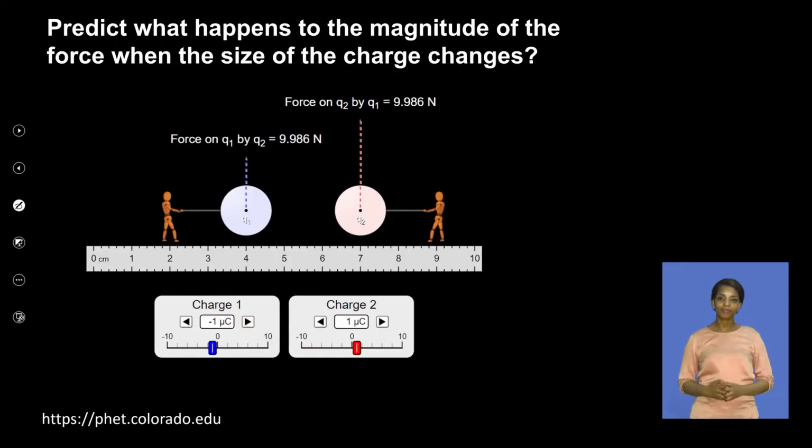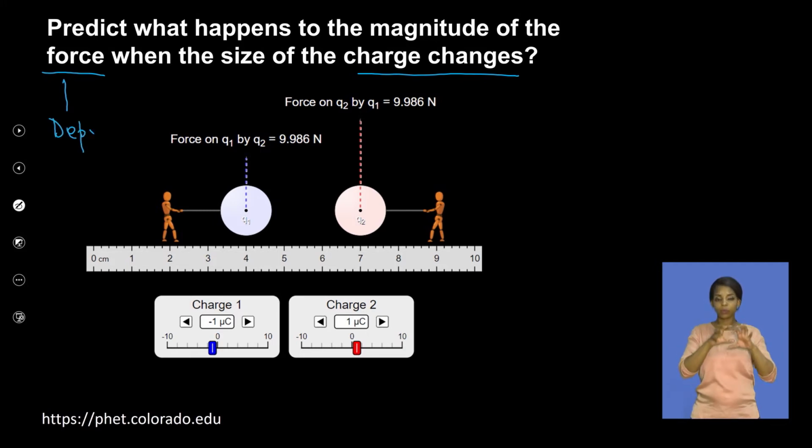As part of our investigation, we want to predict what happens to the magnitude of the force, and I'm going to underline force, when the size of the charge changes. So what exactly are we saying here? We need to identify our variables. The effect of changing the magnitude of the charge on the force immediately says to us that the electrostatic force is the dependent variable.